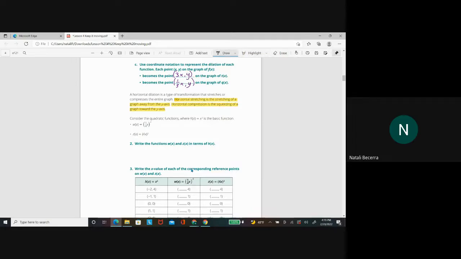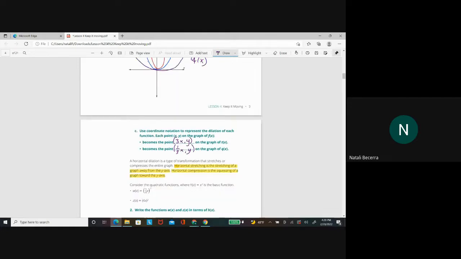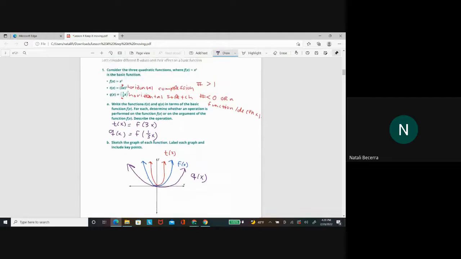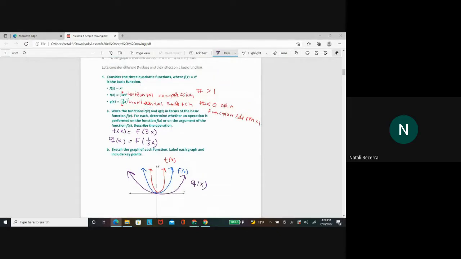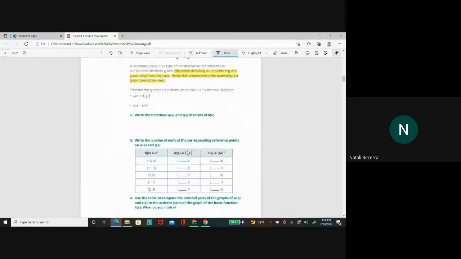Okay, so right here, 1 over 4, that is a fraction. Remember, whenever we have a fraction, we said that that was a what? Horizontal what? Let's go up here. If a number was a fraction, we said it was a horizontal stretch.